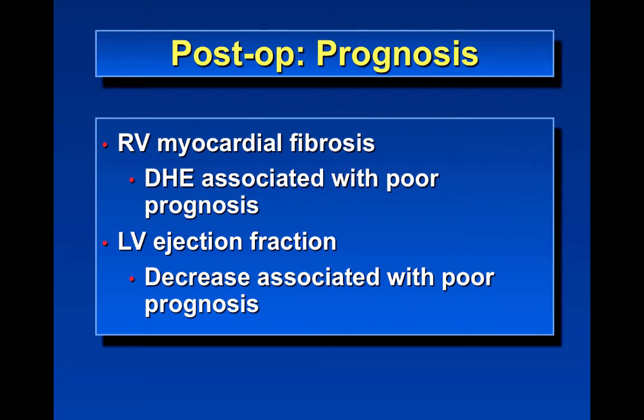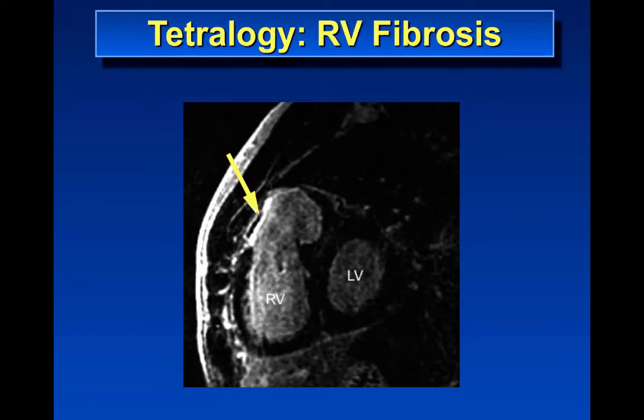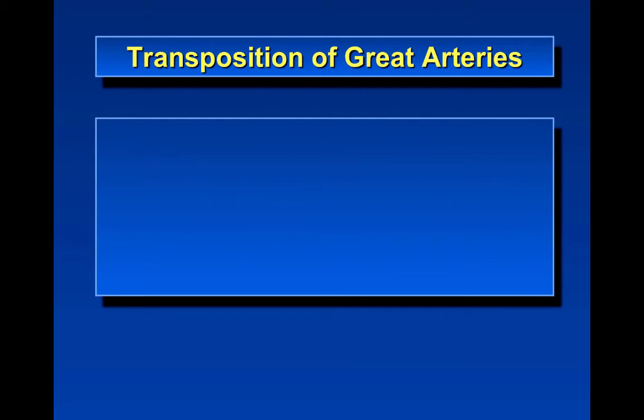So when the left ventricle starts to have diminished function, then that suggests that the patient will have a poorer prognosis. So this is an example of delayed enhancement in the right ventricular outflow tract. And again, this myocardial enhancement suggests fibrosis, which indicates a poor prognosis.